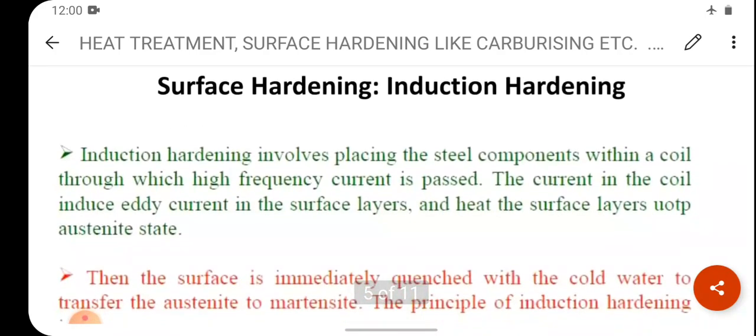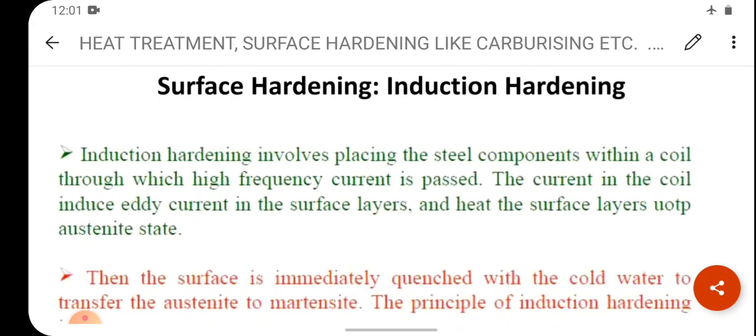Now we will discuss surface hardening. That is, next part is induction hardening. What is induction hardening? Already explained flame hardening. So here I am going to discuss induction hardening. Induction hardening involves placing the steel components within a coil through which high frequency current is passed. coil के बीच में रखेंगे उसको. coil में क्या होगा? हाई फ्रीक्वेंसी करंट इज पास्ड.